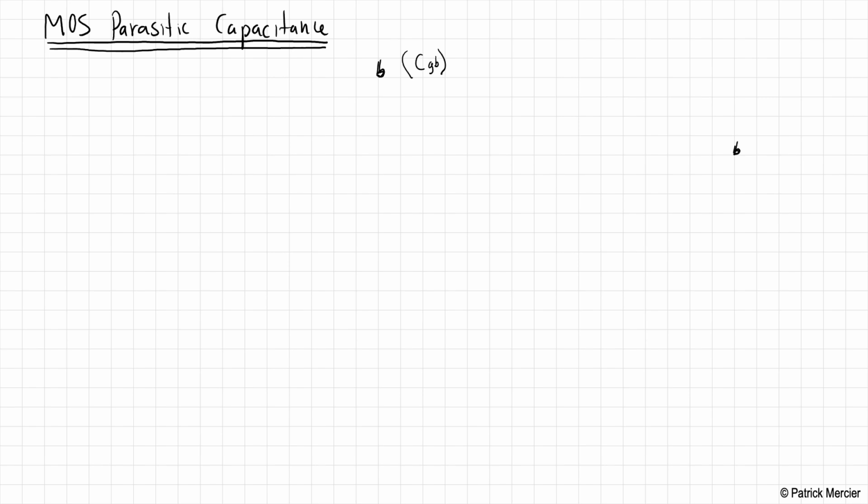Okay, so let's go ahead and get started by drawing a cross-sectional diagram of a MOSFET transistor. So it might look something like this. This is the gate area here. Underneath the gate, we have some oxide. Conventionally, this has been silicon dioxide. Could be something else in a slightly more modern CMOS process.